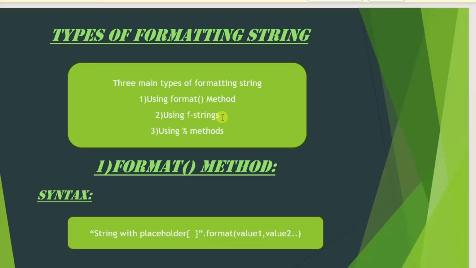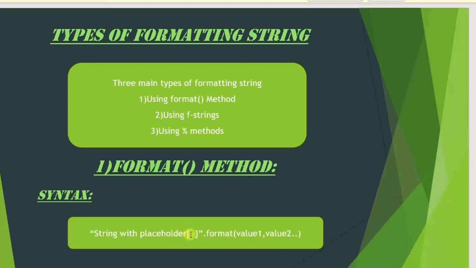Now let's talk about the format method. This method uses only curly braces as placeholders and the dot format method to insert values. For its syntax, at first we write a string inside double quotation marks with placeholders, and then the format method with the values value 1, value 2, and so on.